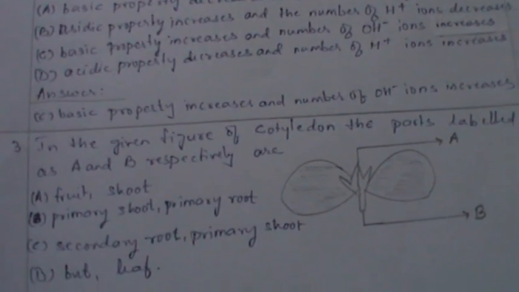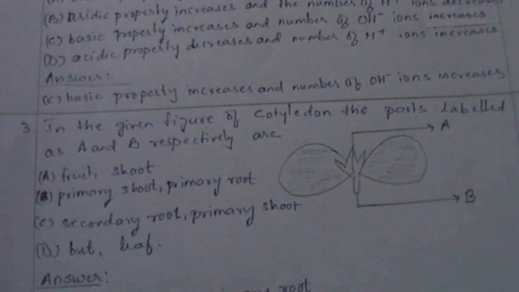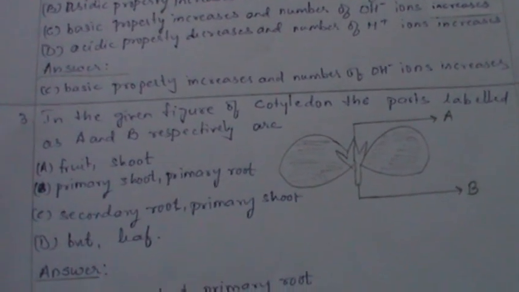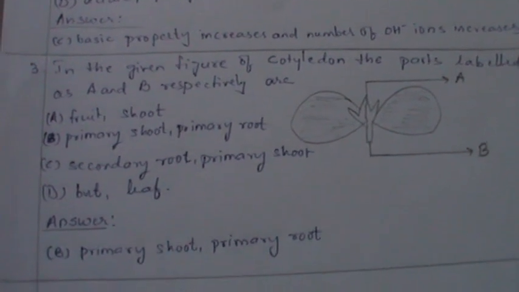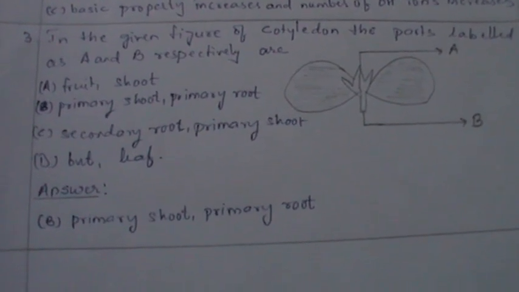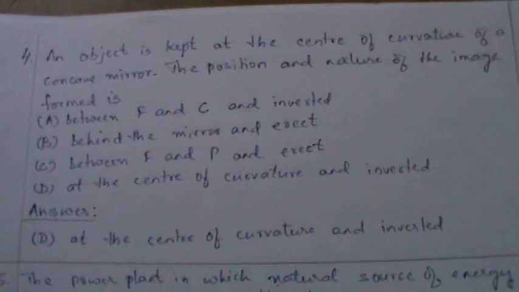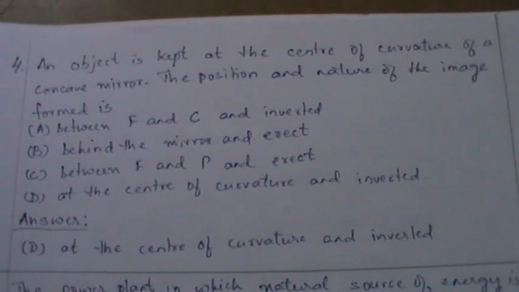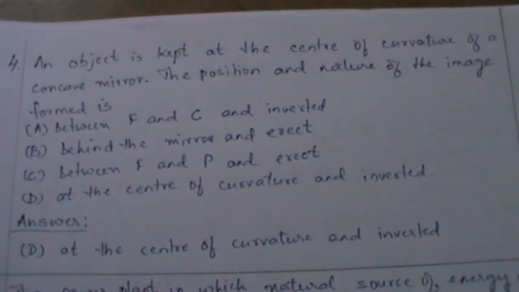Question number 3. In the given figure of cotyledon, the parts labeled as A and B respectively are dash. Answer. Primary shoot, primary root. Question number 4. An object is kept at the center of curvature of a concave mirror.